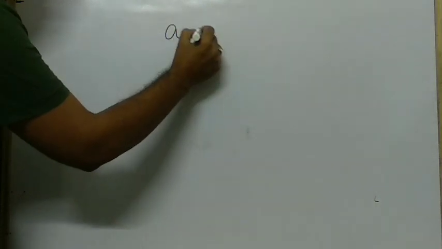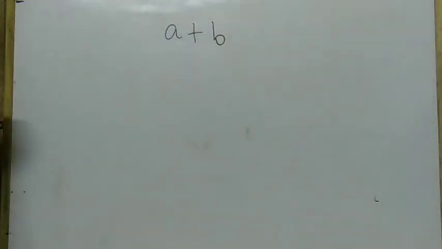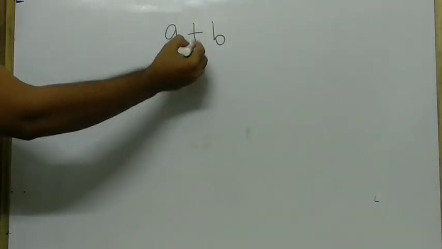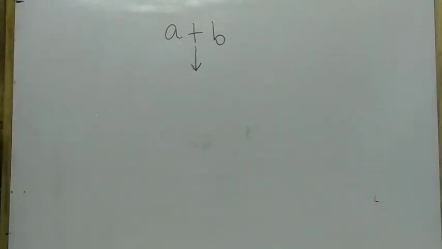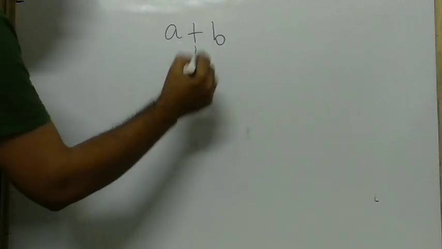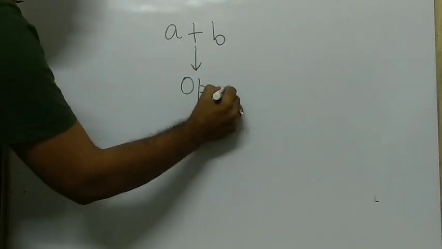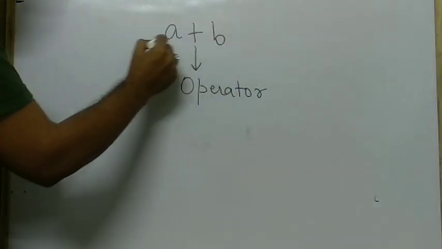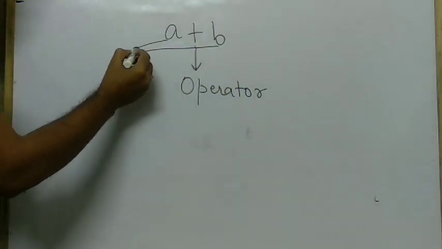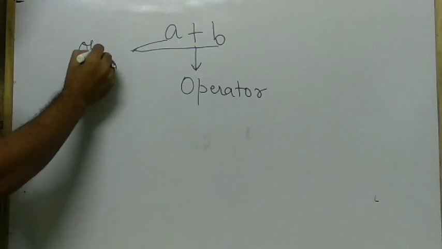Okay, so there are several kinds of operators used in Java. But first of all, let's understand what is the operator and what are the operands. Suppose there is an expression called A plus B. Here the symbol in the middle, the symbol of addition, as you all know, is called the operator, and these A and B are called operands.